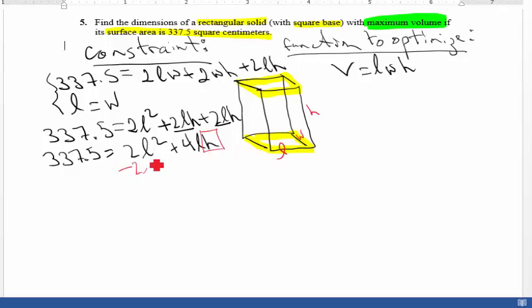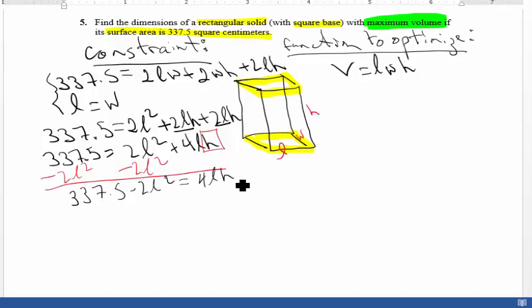We get rid of this 2l squared by subtracting. And then we're going to divide by 4l, right? So we'd have 337.5 minus 2l squared equals 4lh. And then we would divide both sides by 4l to isolate the h.